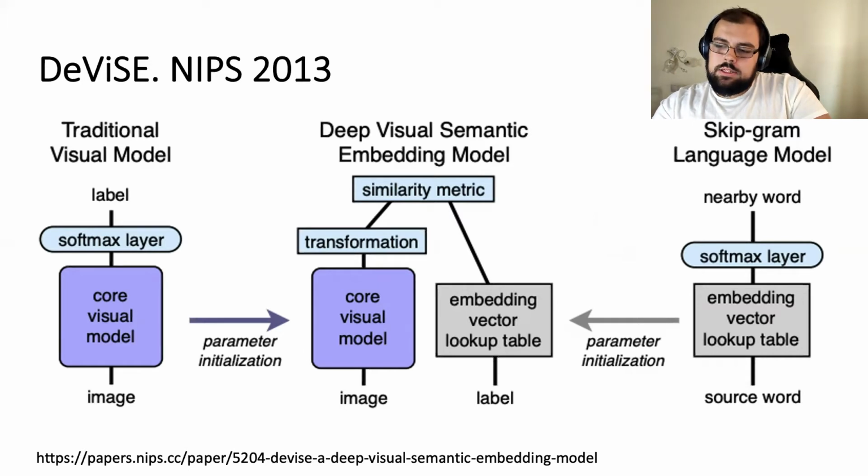And they train it so that images and labels that match have embeddings that are close in this latent space, and images and labels that are unrelated are distant. This kind of objective function is called triplet loss. You basically take some pairs of positive examples that have to be close together and minimize some metric of distance between them, and then you somehow mine negative examples of unrelated pairs and you maximize the distance between them.